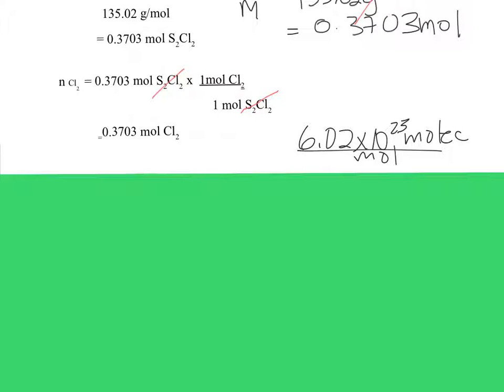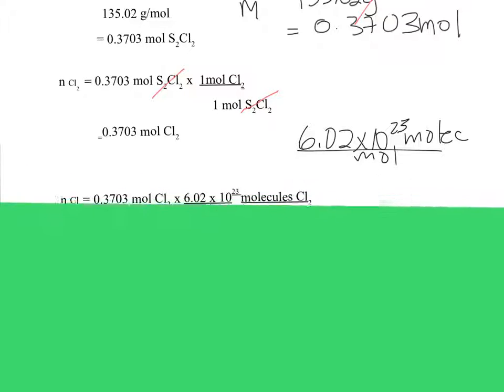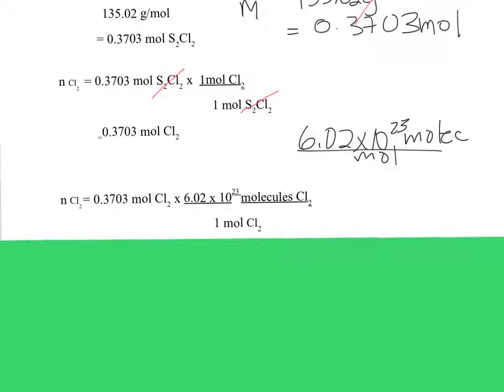So we're going to use this number. If I multiply these two numbers, my moles of chlorine will cancel and I'll be left with molecules of chlorine.